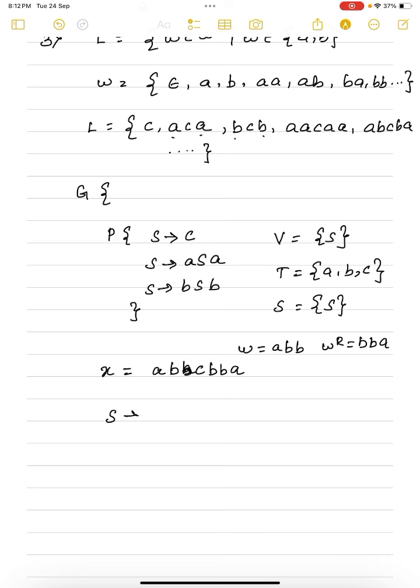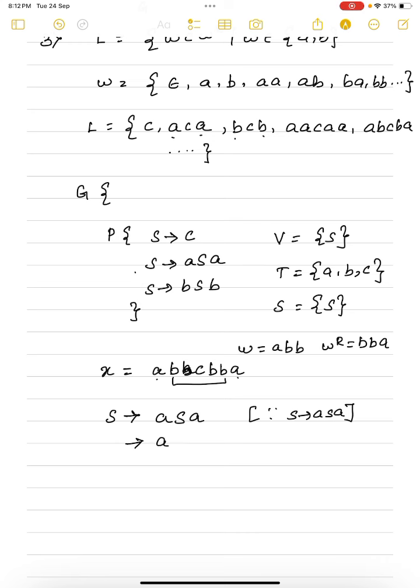We'll start with, since it starts with a and ends with a, let me use the second production. So we'll go with S goes to aS a. For this S, the next symbols I want are b and b.